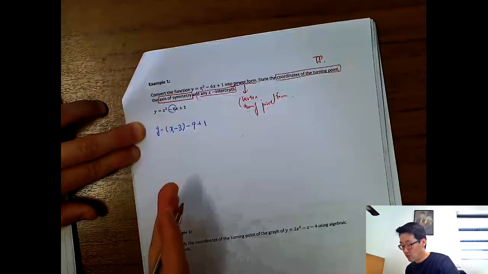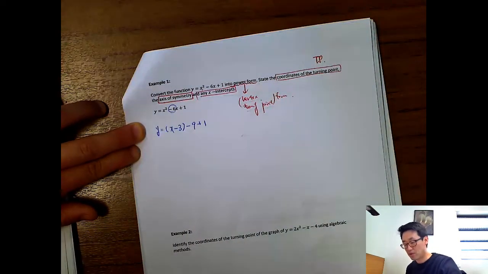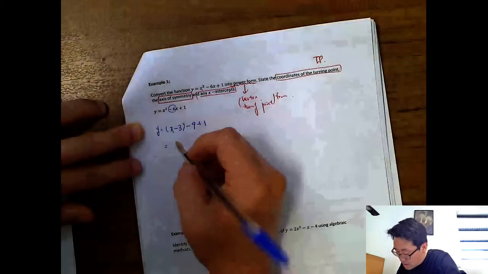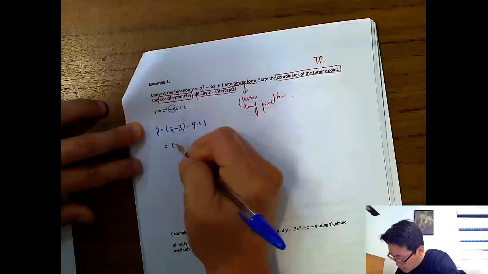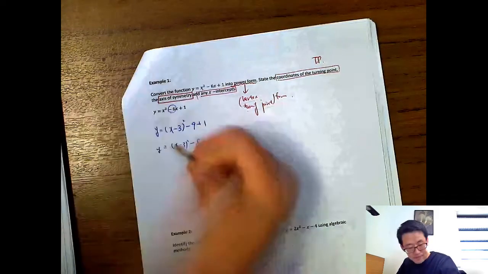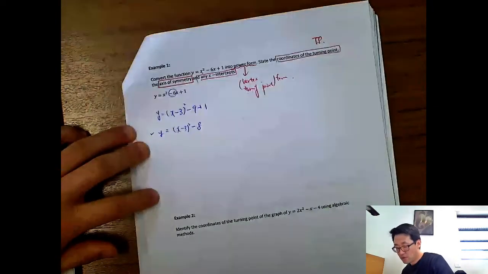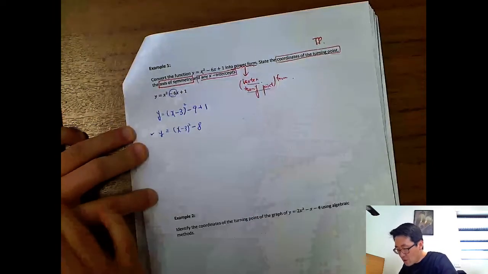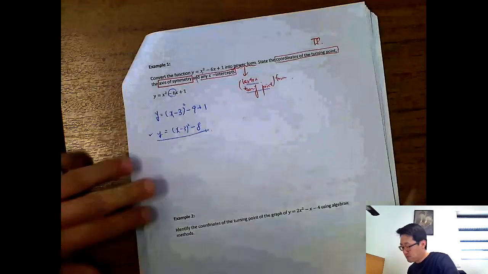If you forget this part, go back to your turning point and think. And then, x minus 3 squared minus 8. So done. I converted to vertex form or turning point form. Now I can deal with that.